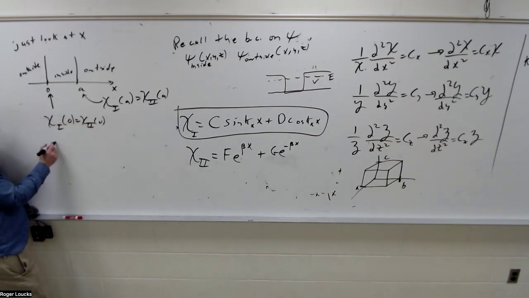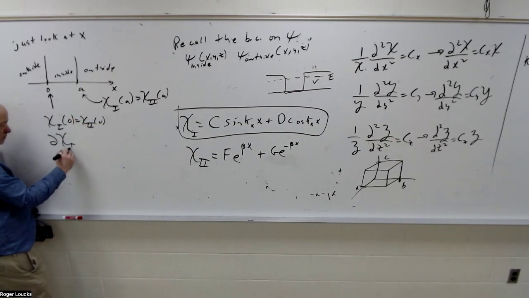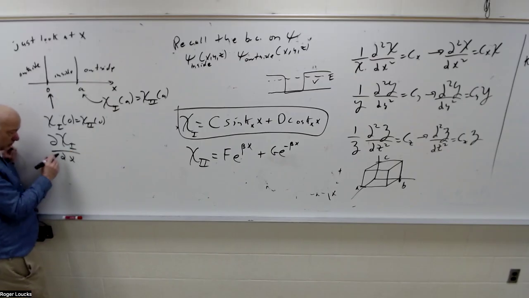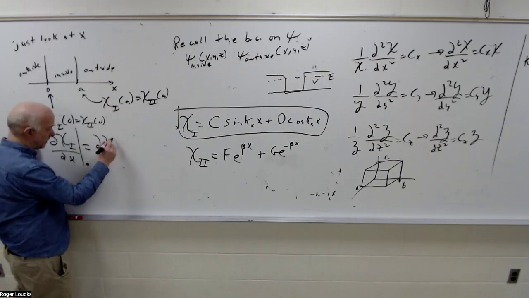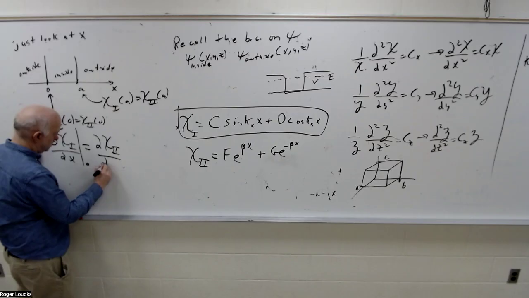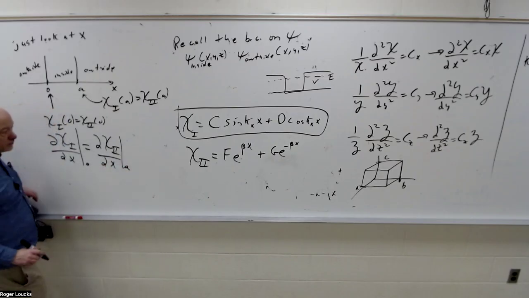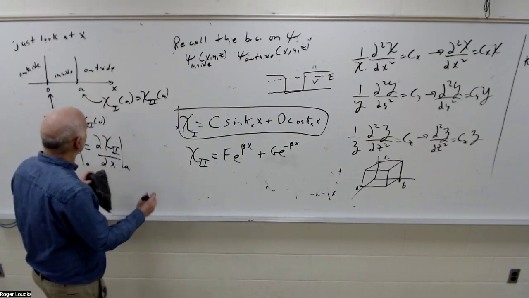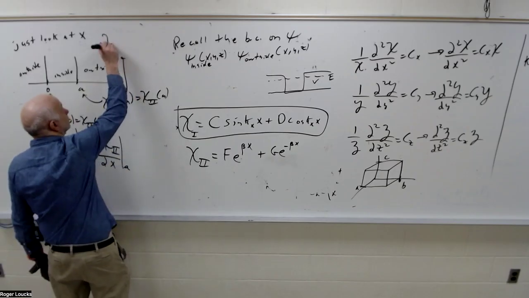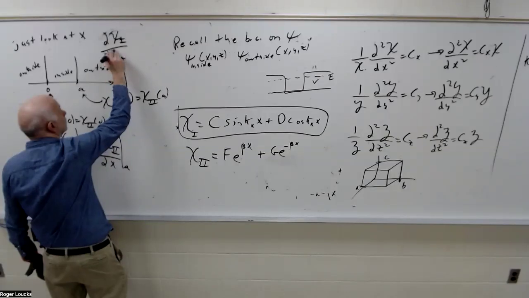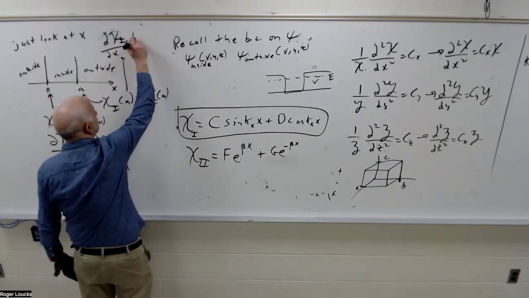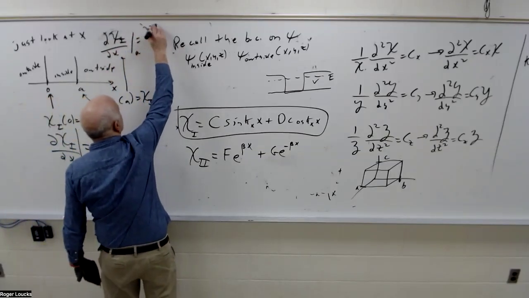Just the derivative of chi 1 with respect to x, evaluated at 0. And this will then have to equal this value here, evaluated at 0. Okay. And likewise for this one over here, and then this one here.